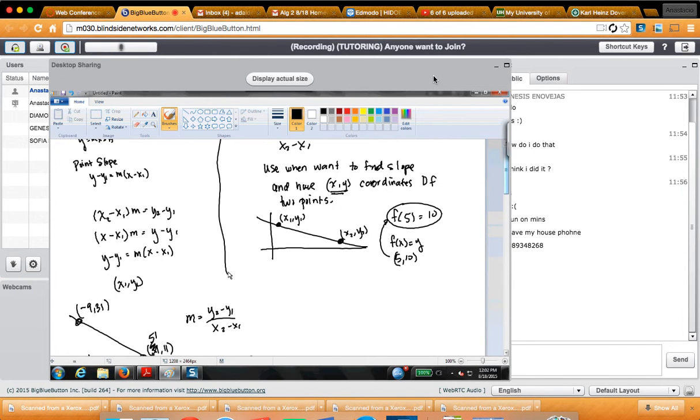The next equation would be the brand new one I just taught you. y minus y1 equals m times x minus x1.